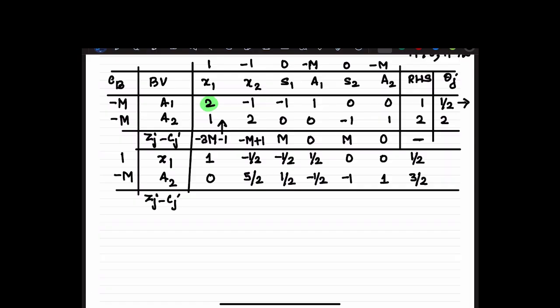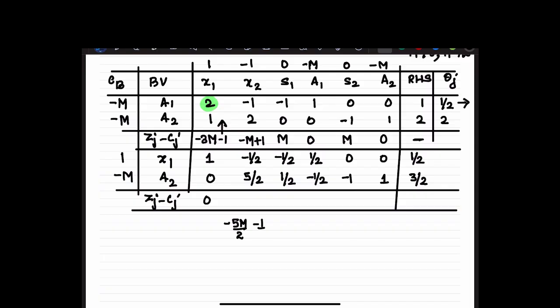So calculate Zj minus Cj. The first value is 0. The next is minus 5M by 2 minus half plus 1. So this is minus 5M by 2 plus half.